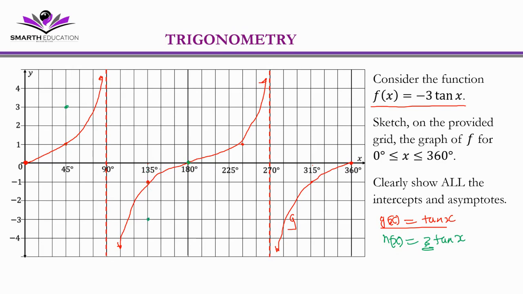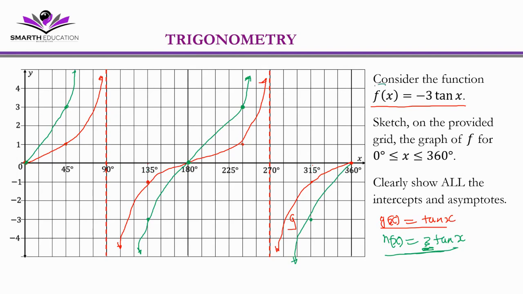This one does not change. This one does not change. And then 225 and 1 changes to 225 and 3. And then asymptote does not change. 315 degrees and negative 1 changes to 315 and negative 3 because of this 3 here. So that's a vertical stretch. And then the graph becomes like this. That's the graph of h of x equal to 3 tan x.